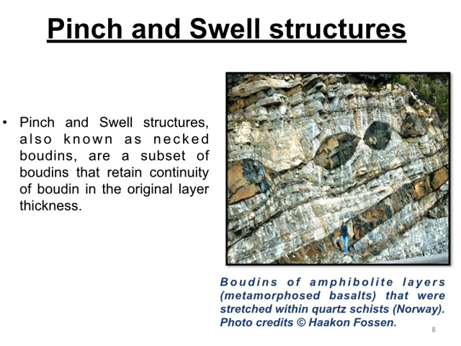The competency contrast is less between the layers undergoing boudinage or pinch and swell structure. In boudins, we saw that it occurs like square blocks that are separated. In pinch and swell, instead of these blocks, they don't get separated, but they form some sort of necks in between.